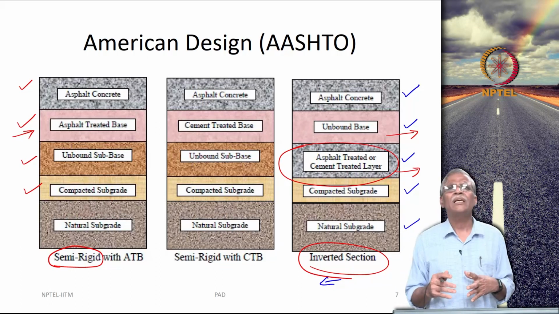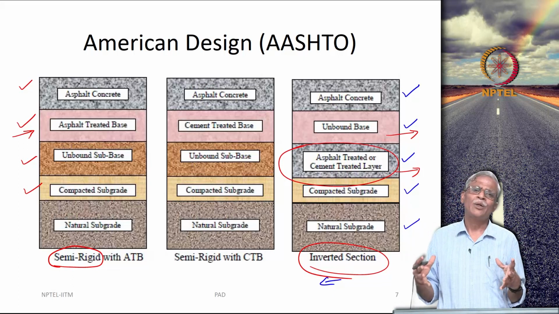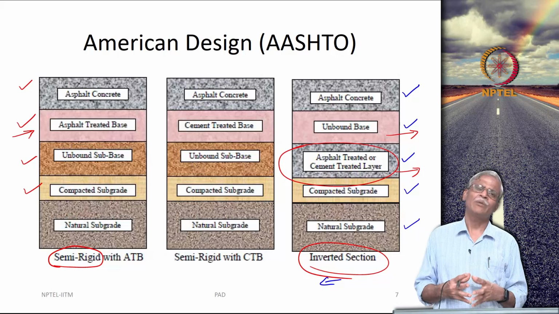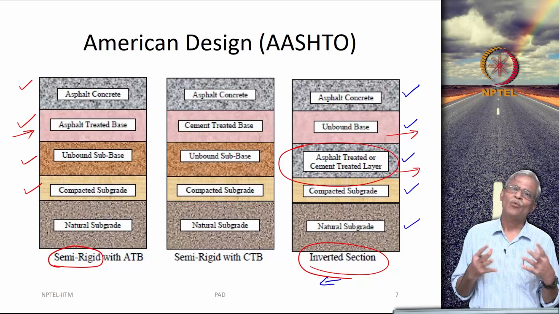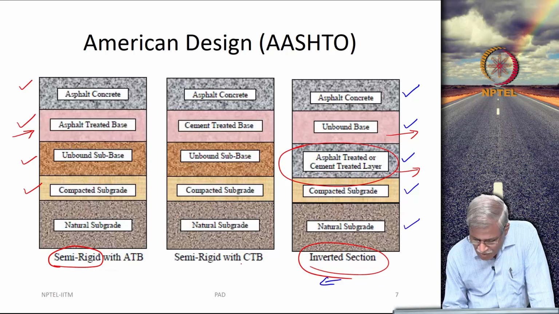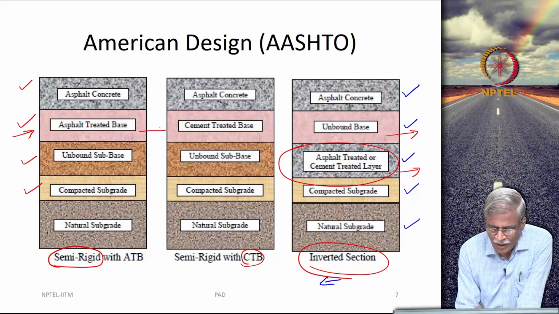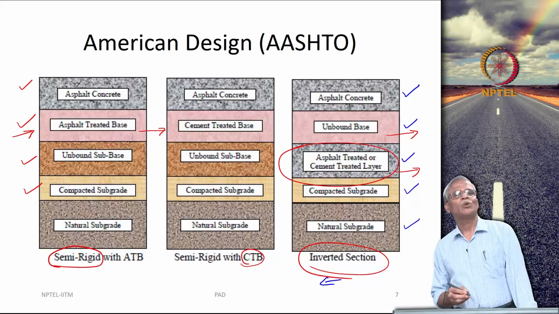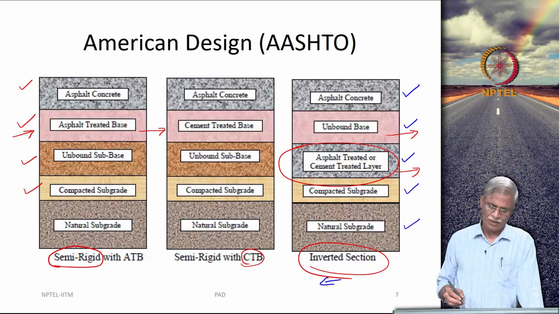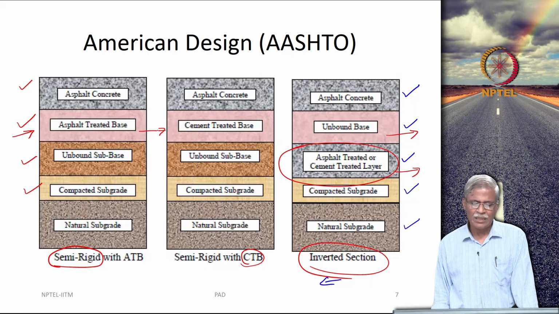So, it is not really a full bituminous mixture, but you try to use some amount of bitumen in it. That bitumen could be in the form of a foam, it could be in the form of an emulsion. Now, this is your cement treated base. So, instead of using an asphalt treated base that you see here, you use a cement treated base here. Rest of the cross sections are more or less the same.